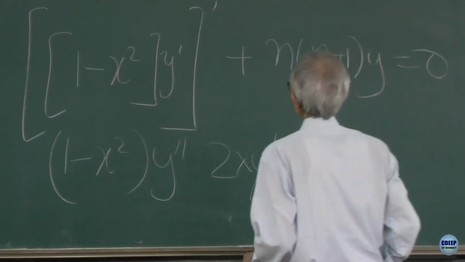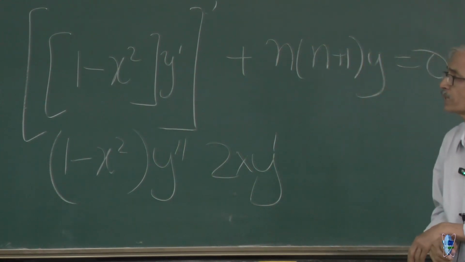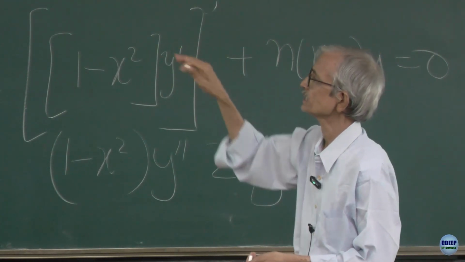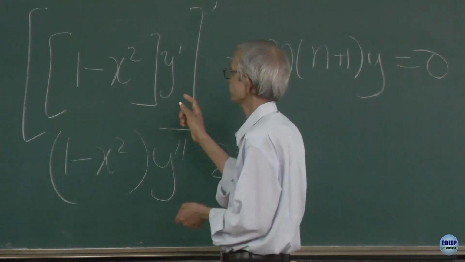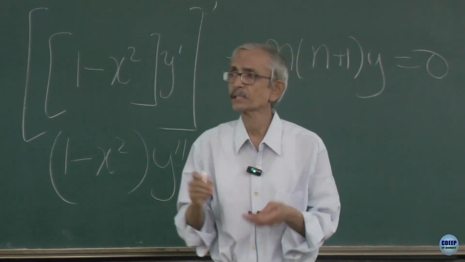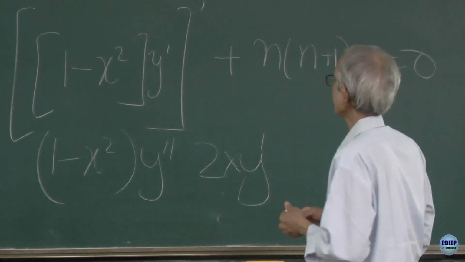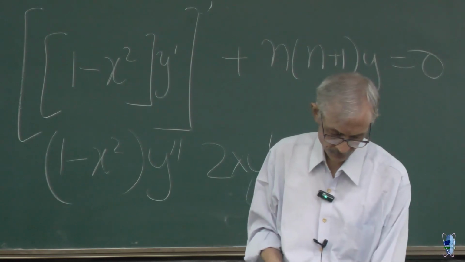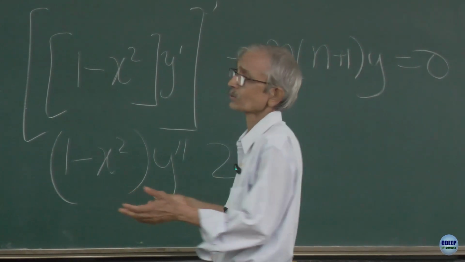Okay. So it is in the Sturm-Liouville form, and in the past we have obtained these solutions for y, and these y's are nothing but your eigenfunctions, and that means that the y's which we have obtained, which are these Legendre polynomials, are all orthogonal.